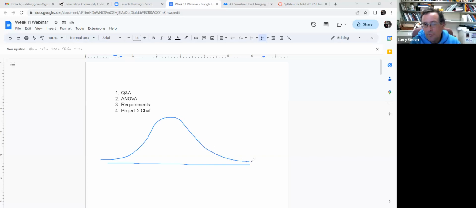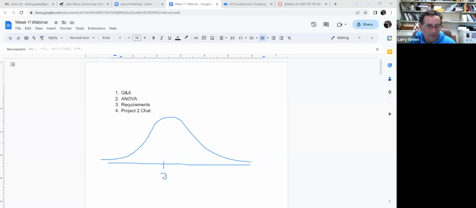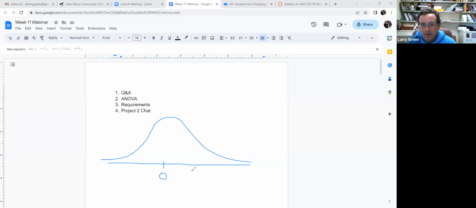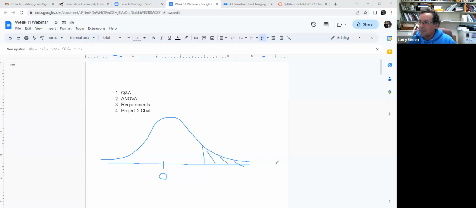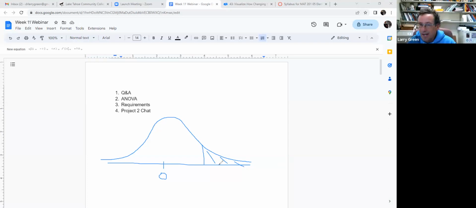We have a normal curve because hopefully your sample sizes are large enough. And here's 0 right here. Greater than 0 is the right-hand side of this graph. Do you see that? Since greater than 0 is the right-hand side of the graph, it's right-tailed. So it comes right from the picture. Hopefully that helps.